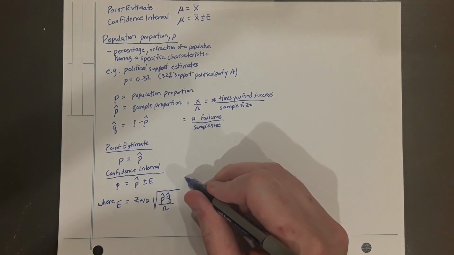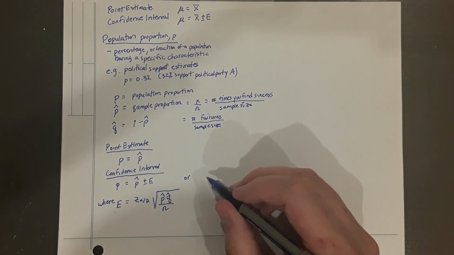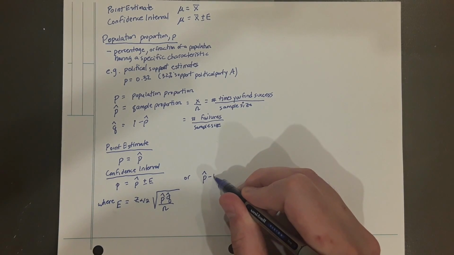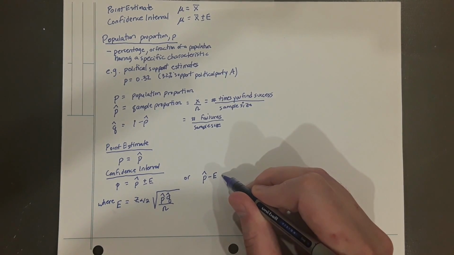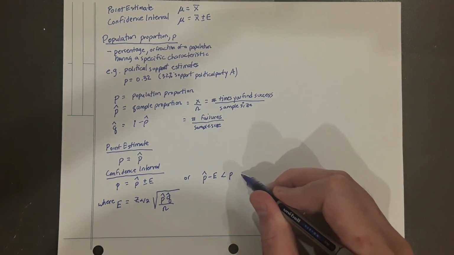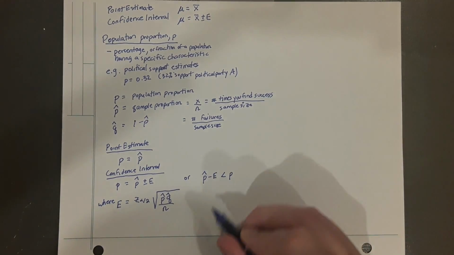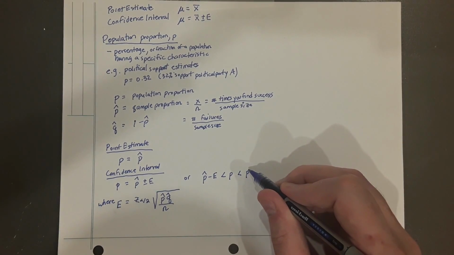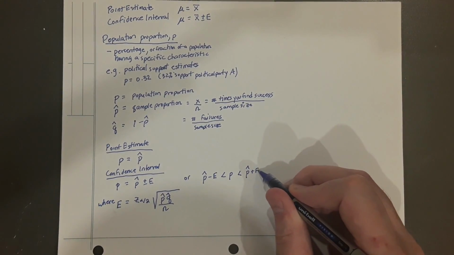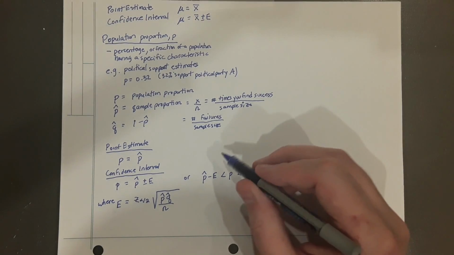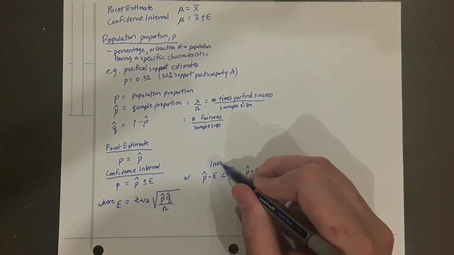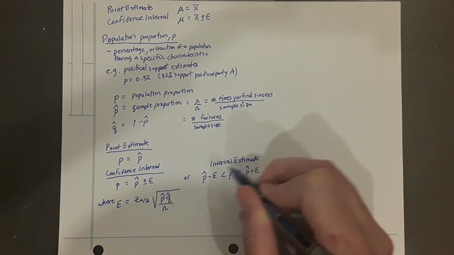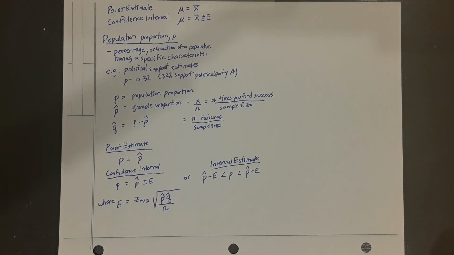You can write that down in two ways. The population proportion minus the error is less than the sample proportion minus the error is less than the population proportion, which is less than the sample proportion plus the error. That would be the interval estimate. You can write that in either of those two fashions. They are identical.